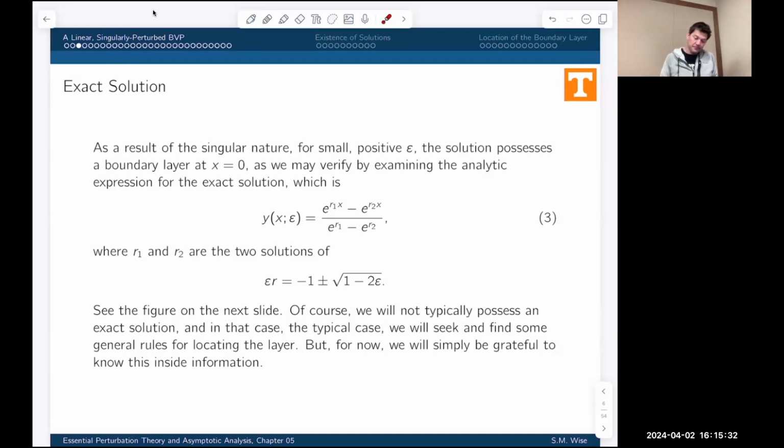Otherwise, it's algebraic. So let's see what does this solution look like as epsilon gets smaller and smaller. You can see R1 and R2, the solutions coming from this quadratic formula, I should say, are given in terms of epsilon, but there's no clear formula for it otherwise without the radical.